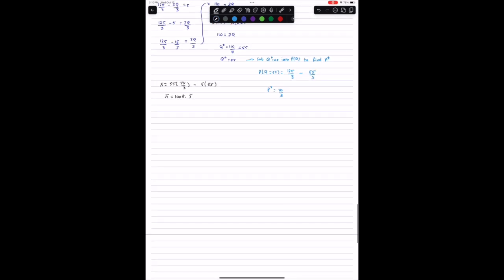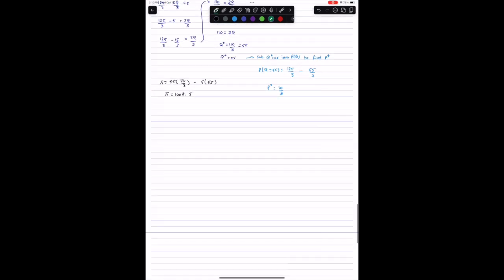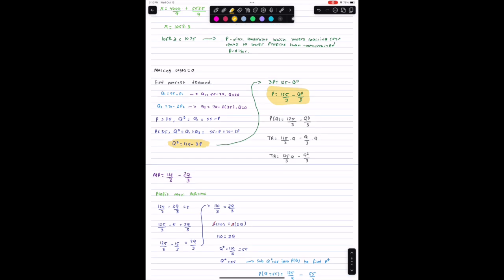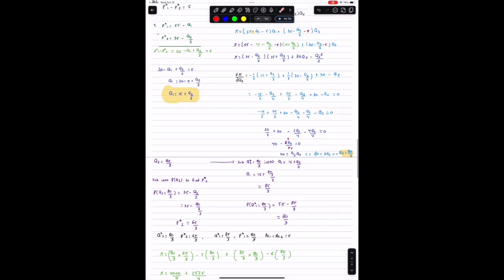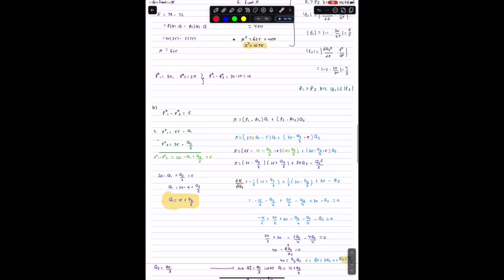And which is lower. 1008.3 is lower than our previous profits of 1058 and our first profit of 1075.